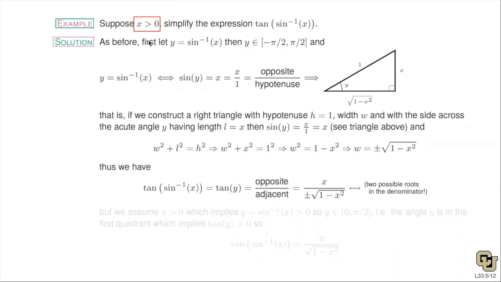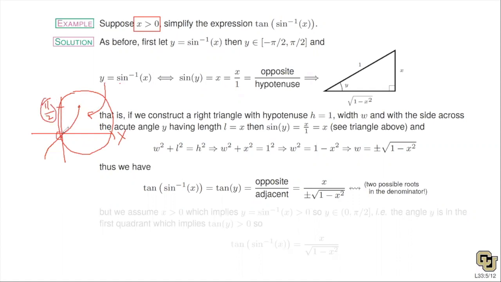Well, if we look at the graph of arc sine of x, it looks something like this, and here it goes all the way up to pi over 2. If x is greater than 0, here's x, that means we're in this section of the graph, which means y, the arc sine, will be between 0 and pi over 2.